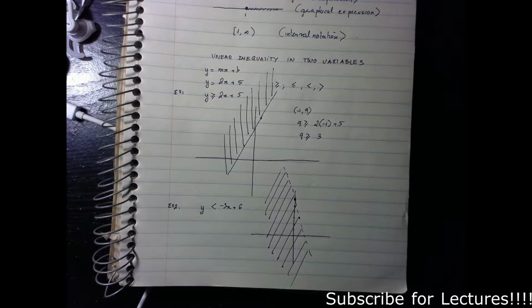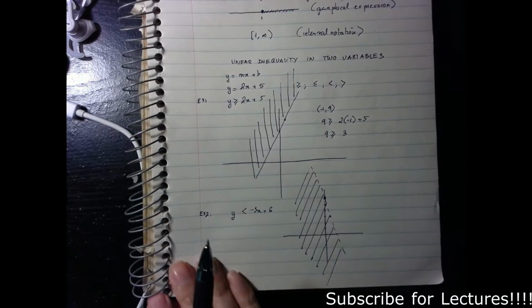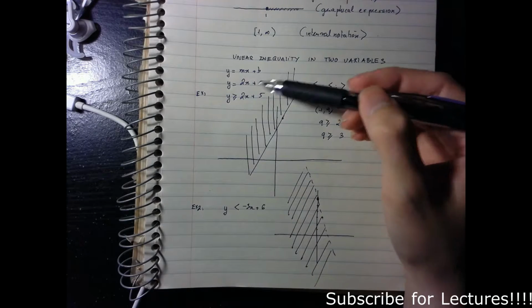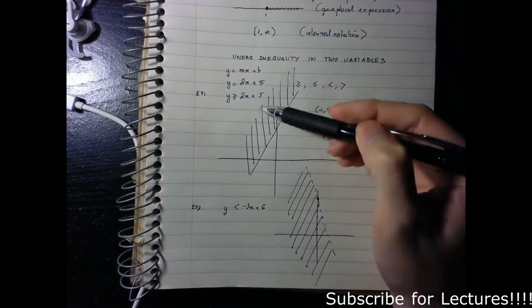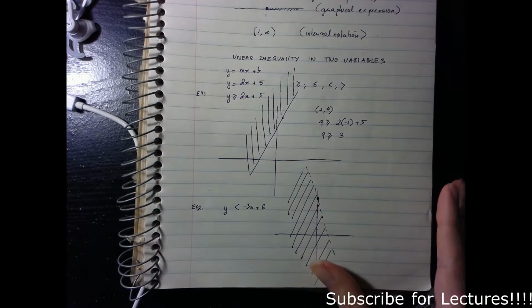Okay. Now so far all the examples I have here are in the slope-intercept form of a linear equation. Sometimes it could be written using the standard form of a linear equation. Example 3.